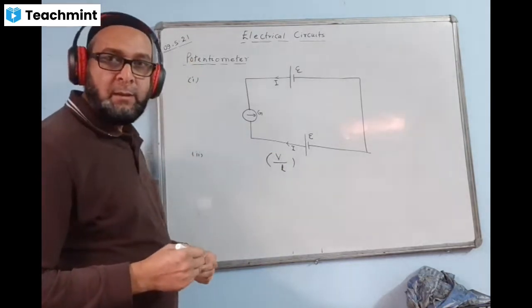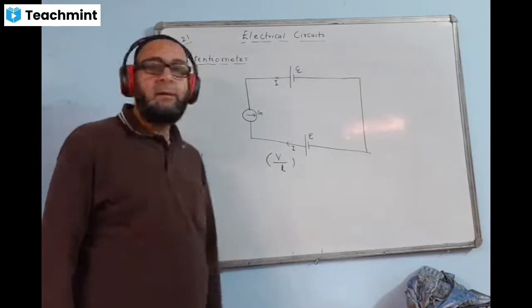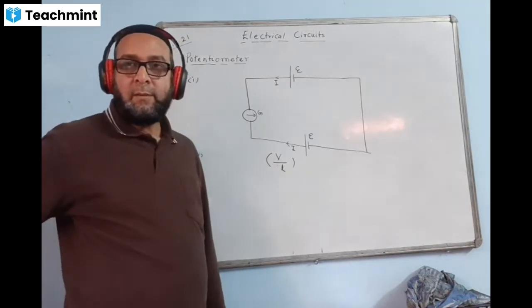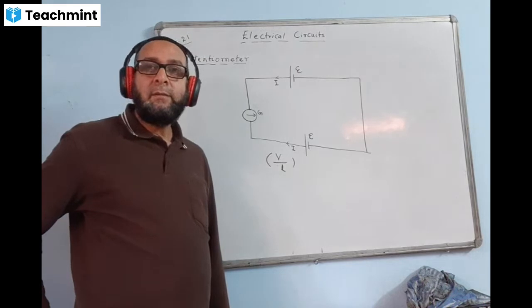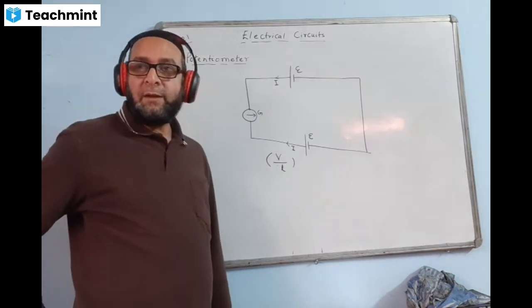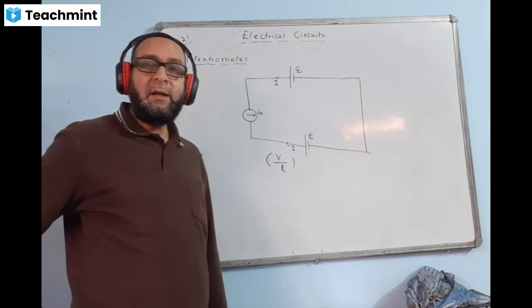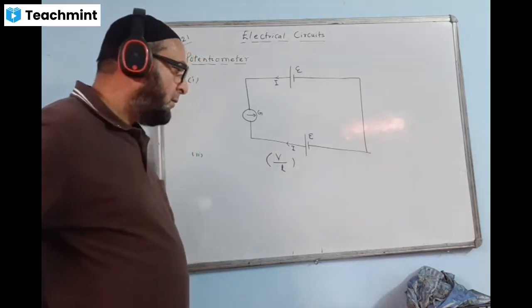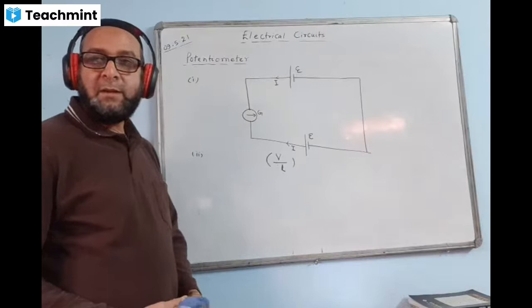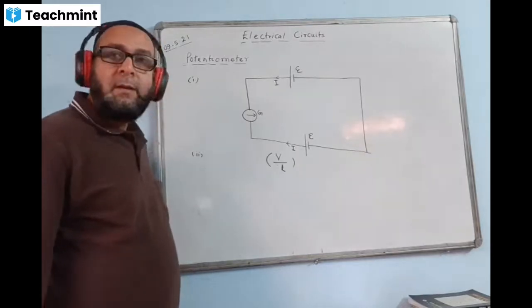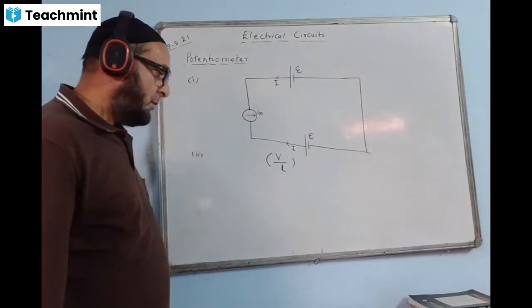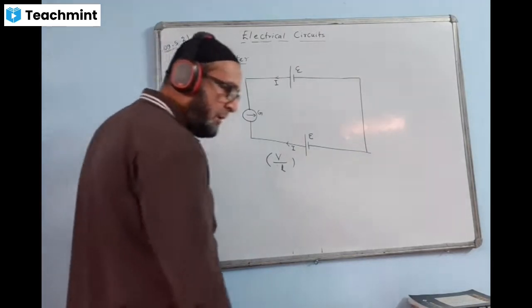Under bracket, you write V by L. Potential gradient of the wire, V by L, remains constant when a steady current flows through the wire, giving null deflection in the galvanometer.